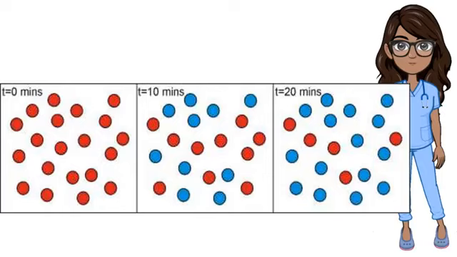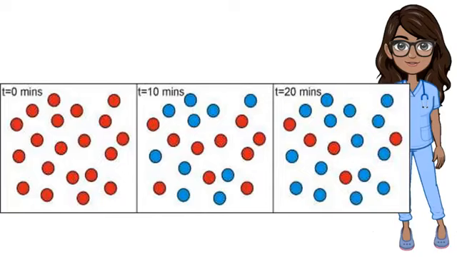That means that after 10 minutes, 50% of the parent atoms have decayed and changed into the daughter isotope. So at t equals 10 minutes, our sample now contains 10 atoms of parent and 10 atoms of daughter.